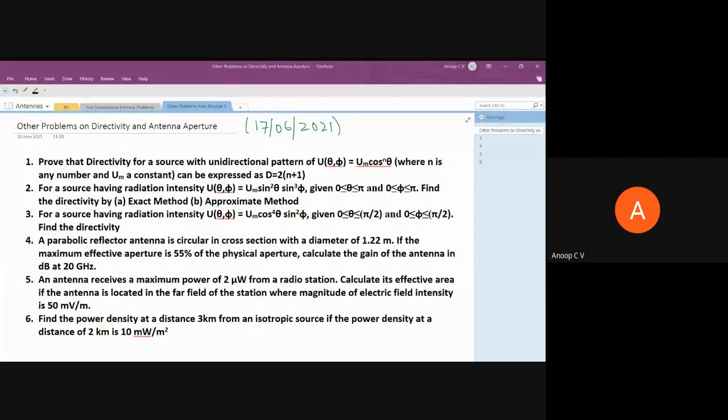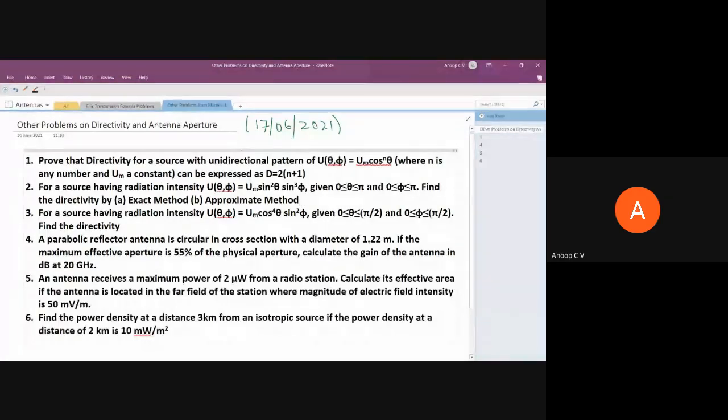All of you please solve. Sine square theta sine cube phi.